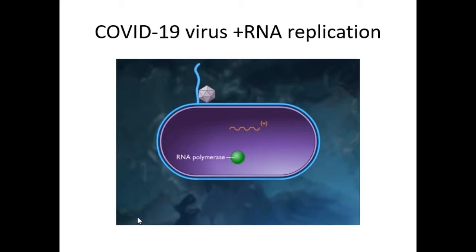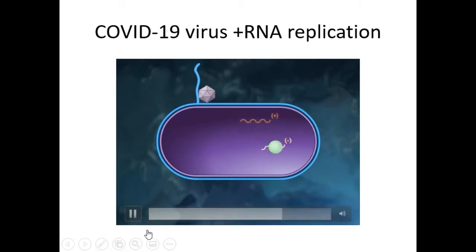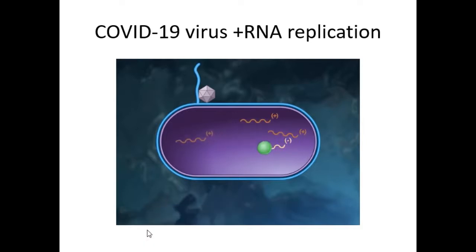RNA synthesis from an RNA template does not normally occur inside the uninfected cell, and so the entering plus RNA must code for the synthesis of this RNA polymerase, which is also called RNA replicase. The RNA replicase uses the positive sense RNA as the template for synthesis of negative sense RNA, and the negative sense RNA is used to synthesize more positive strands.